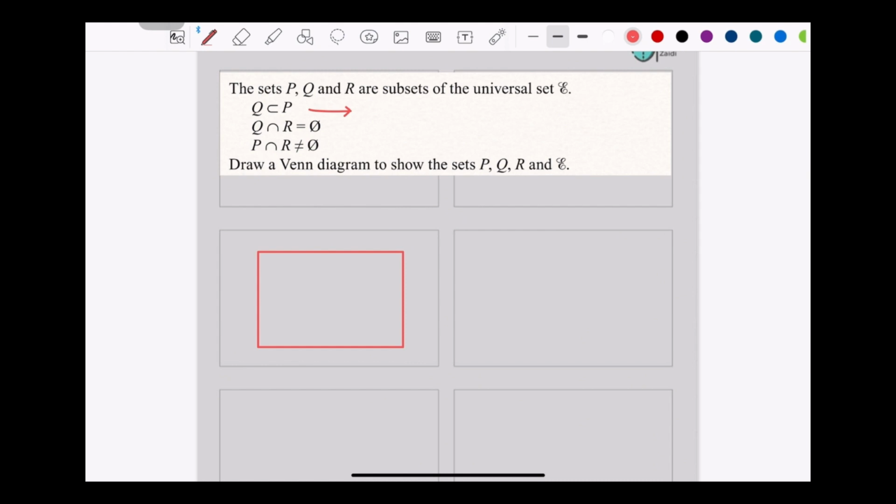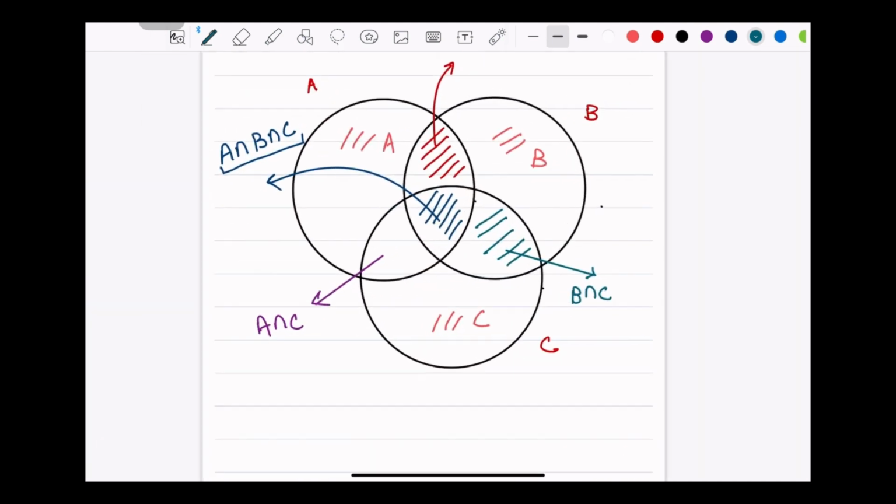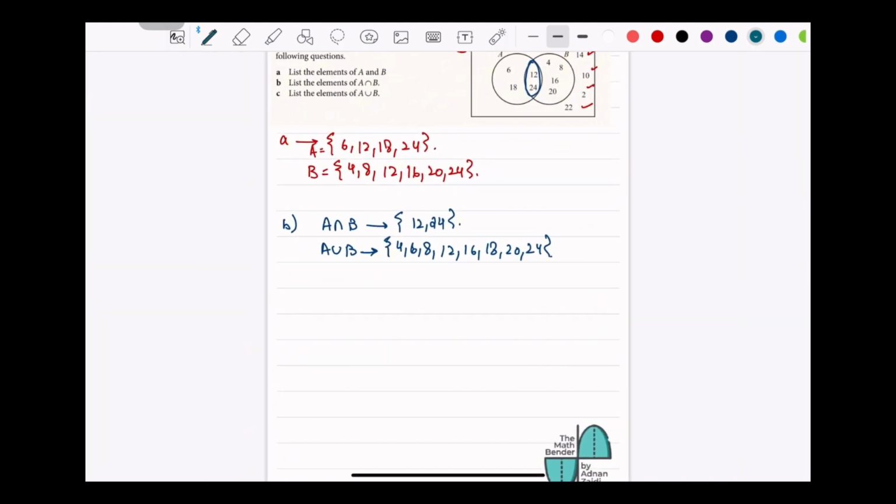So this is how you represent a subset. This is a bigger set P. And since all the elements of Q are a part of P, we'll draw Q inside. This means that all of Q is also a part of P. Let's assume for a moment that not all the elements of Q were a part of P, we would have drawn it the same way we did in the previous questions, like this one.